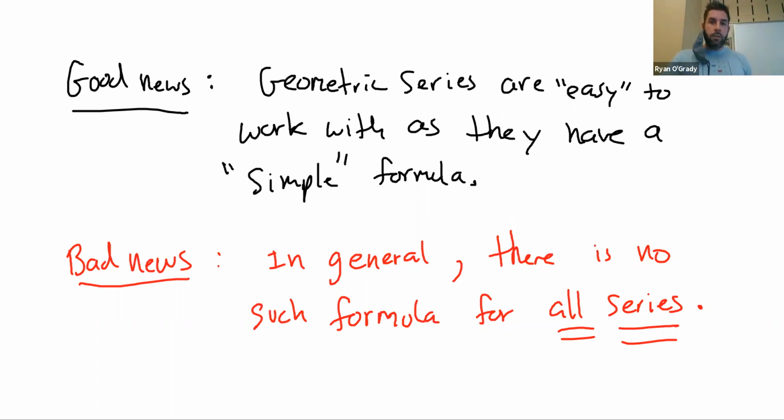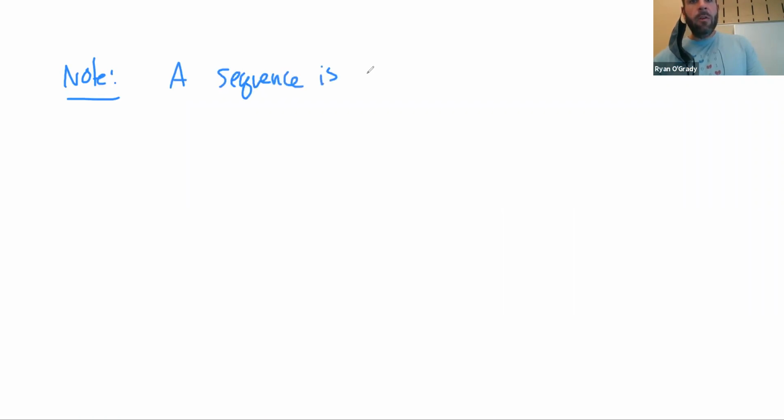So the question was, how do we think about sequences and series? A sequence is a list of numbers, so it's worth pointing that out. Let's note: a sequence is a list, and it has to be an ordered list of numbers.